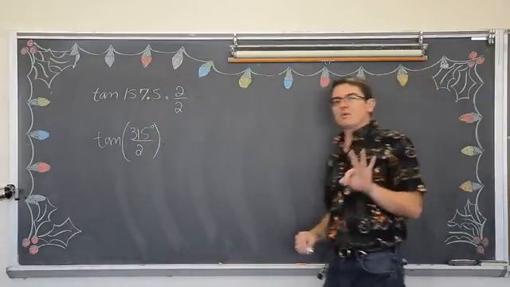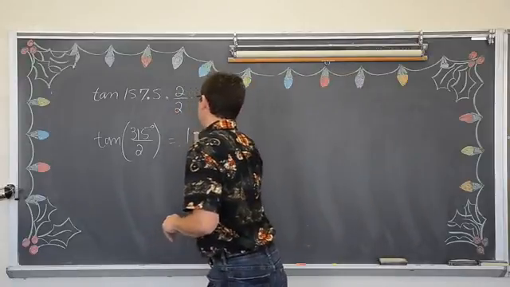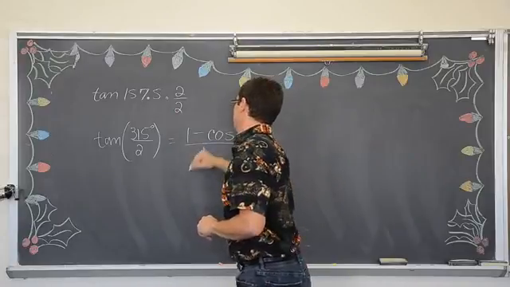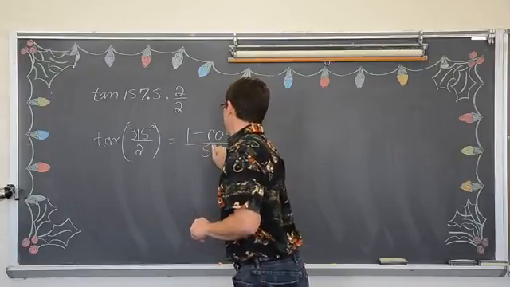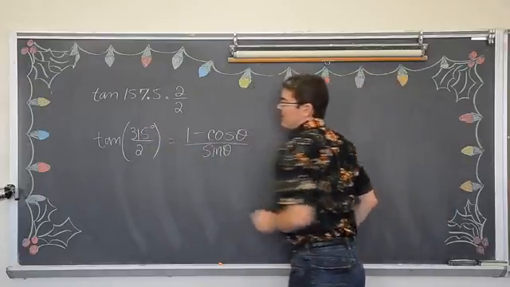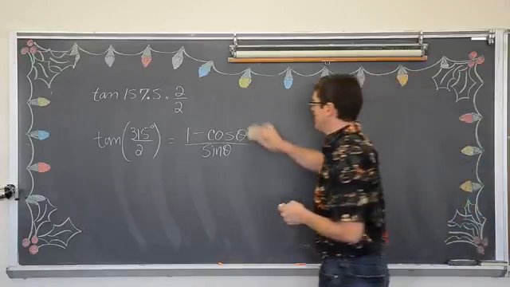I can use any of the 3 half-angle identities for tangent I'd like, but I like this one the best. It's 1 minus the cosine of theta over the, brain fart, sine theta. Now, if I've written this as 315 over 2, then I have it set up as theta being 315.